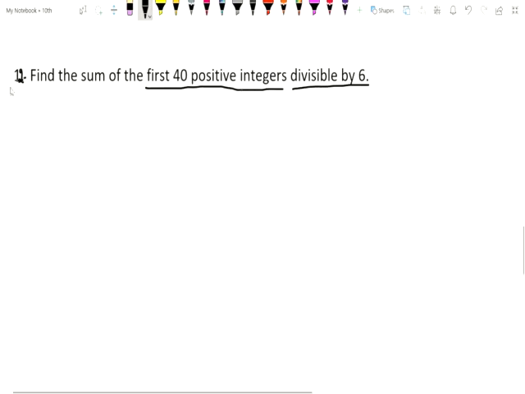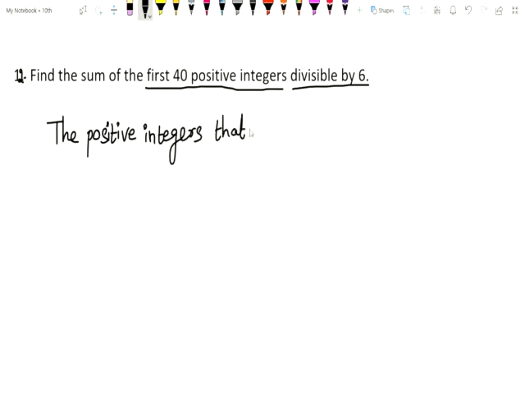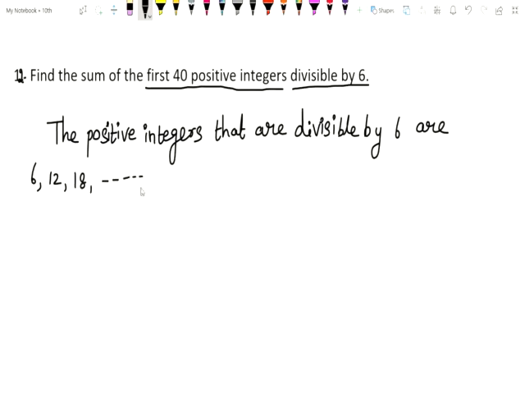The positive integers that are divisible by 6: 6, 12, 18, etc.